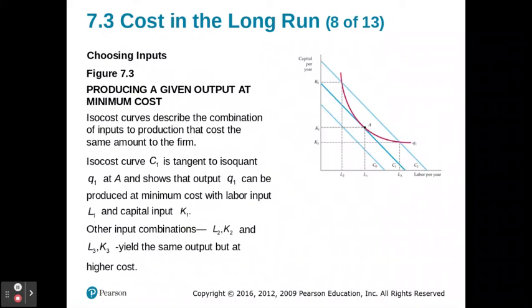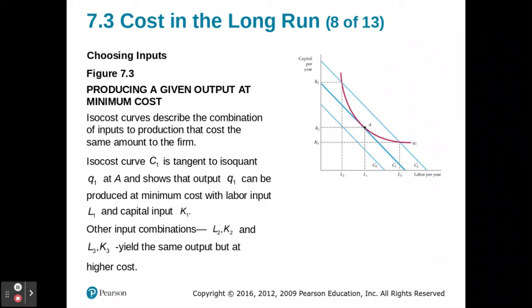So these blue lines here represent iso-cost lines. And we have a stated unit of output here, Q1. This is called the isoquant. So basically, we want to choose the amount of labor and capital that minimizes the costs subject to the isoquant that we're trying to reach, which would be iso-cost 1.